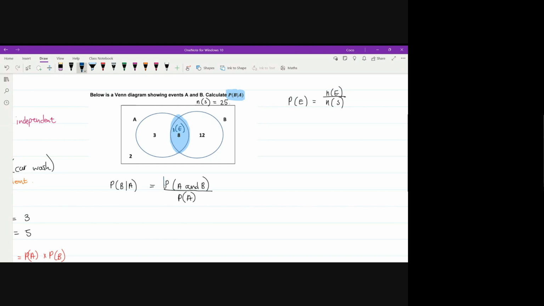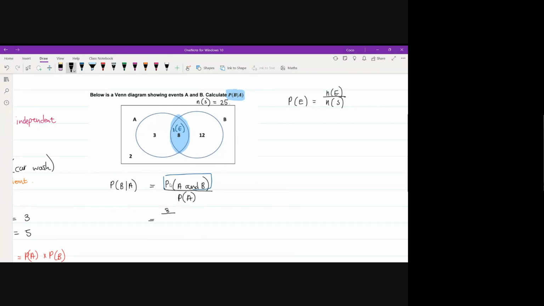So when I say the probability of A and B, what is my answer for the top actually going to be? Not just 8, it would have to be 8 over something. What is that something? Remember, the event size over the sample size. How much is our sample size? Oh, 25. Over 25. Good.